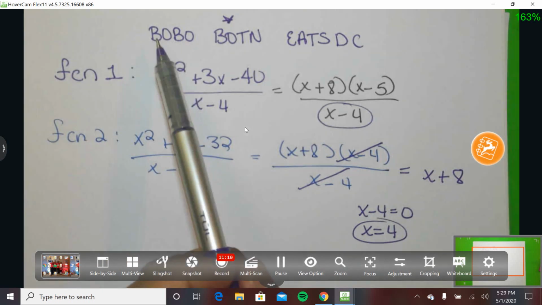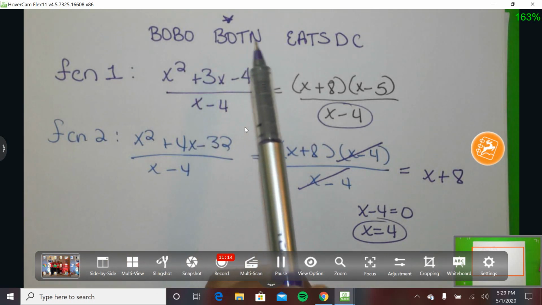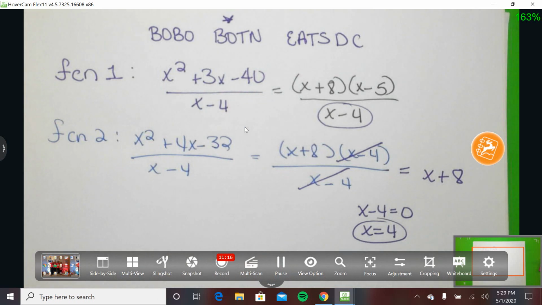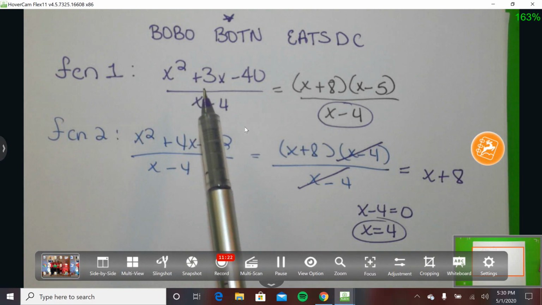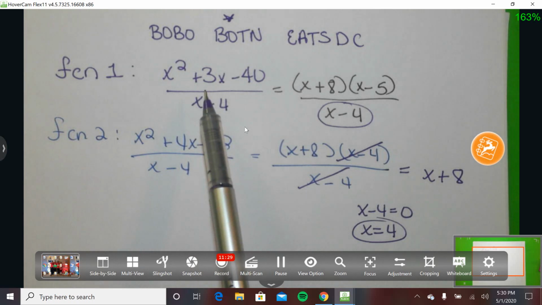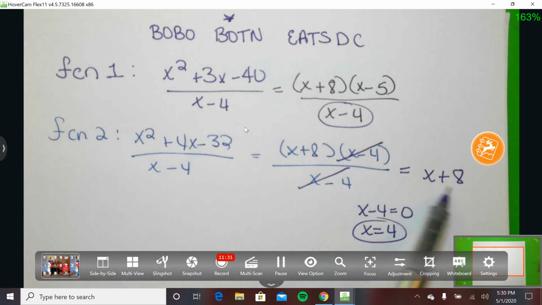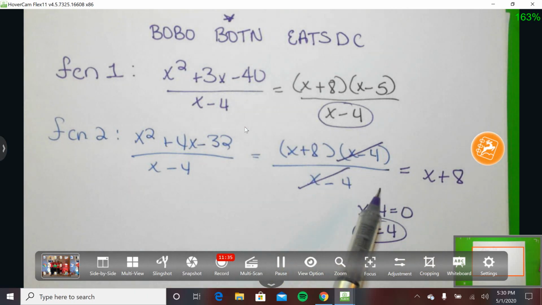On the top. So it's none, but in this case, because of your answer choices, it could have an oblique asymptote. So the option that says function 1 has an oblique asymptote, yeah, that could happen, while function 2 does not, because it creates that x plus 8 once you factor and cancel.